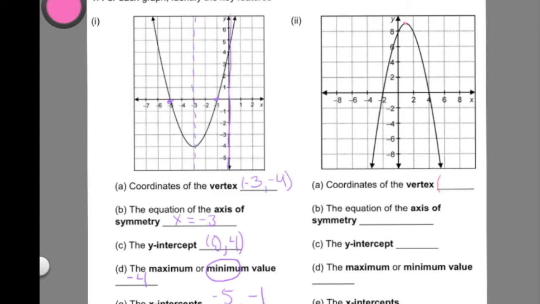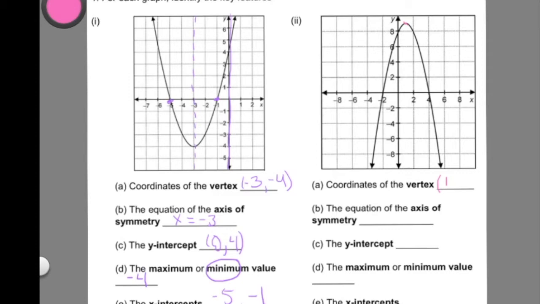Initially it looks like it would be 1.5, but because this graph is going up by 2's, if we're in the center of this, it's actually 1. That's a mistake that I made too the first time I did this one. So just be careful of looking at the units of measure on your coordinate plane, because it does make a difference when determining the coordinates if it's going up by something more than 1.